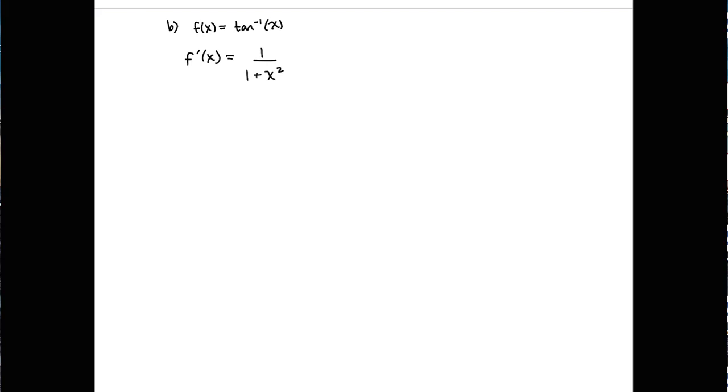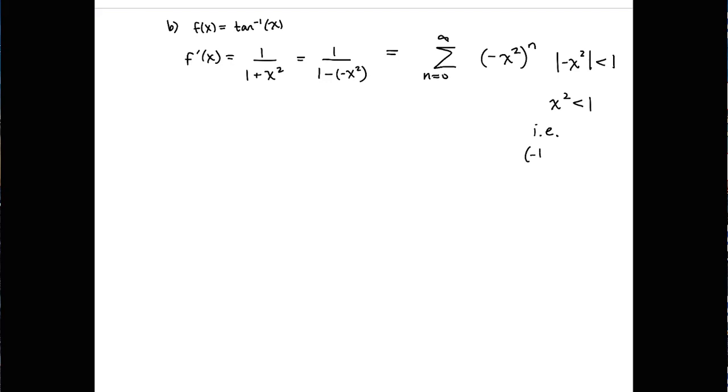And what we can say is that this is equal to 1 over 1 minus negative x squared, which then gives us a series representation of (negative x squared) to the n when negative x squared is less than 1, which is the same as just saying for x squared less than 1, i.e. the interval negative 1 to 1.